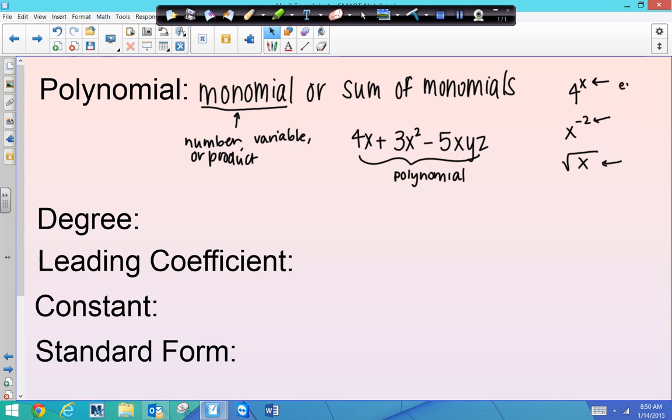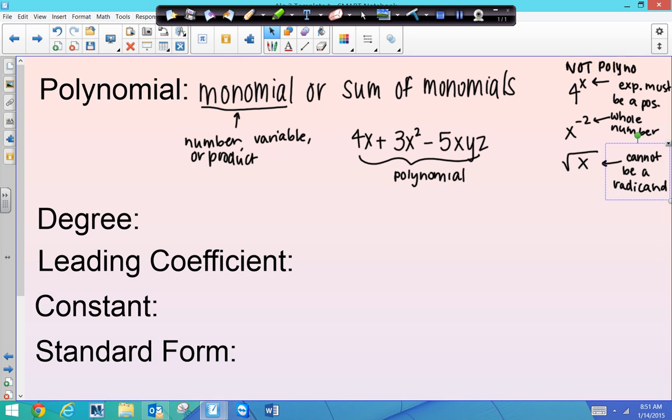So the exponent must be a positive whole number, and x cannot be a radicand. So these are examples of not polynomials.